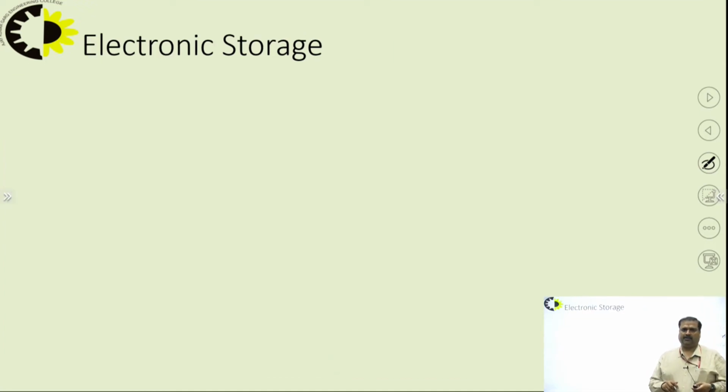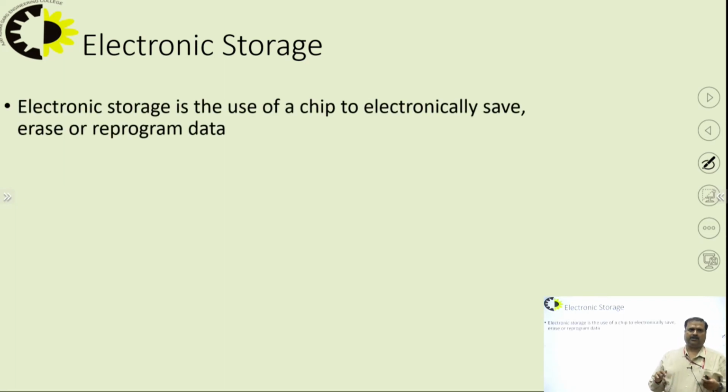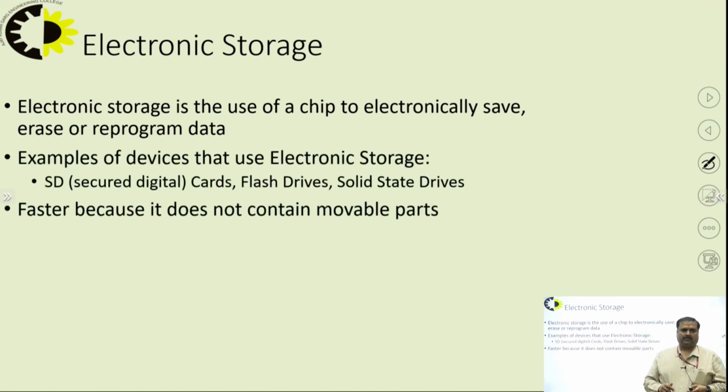Another is electronic storage. Electronic storage basically uses VLSI chips to electronically store or erase the data onto those chips. So like SD cards which we use in our camera and phones, flash drives, solid state drives, they all use electronically erasable or programmable data.